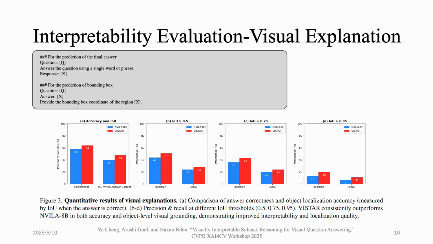For our proposed model, we extract the bounding box of the final answer. The comparison is based on IoU. V-Star consistently outperforms NVILA 8B in both answer correctness and bounding box accuracy based on IoU.